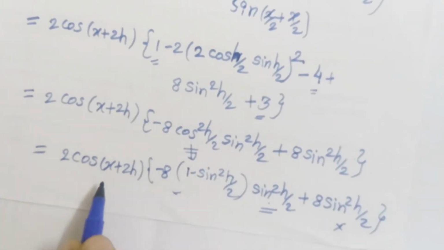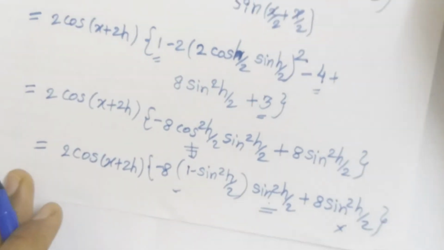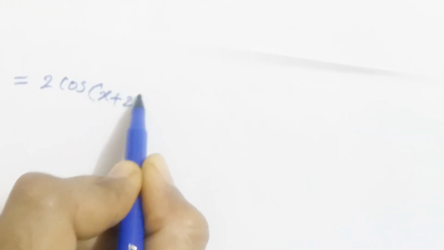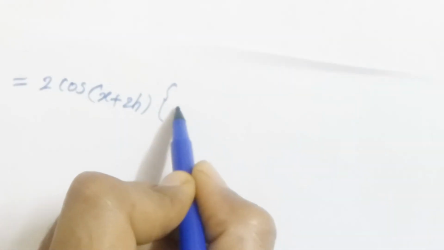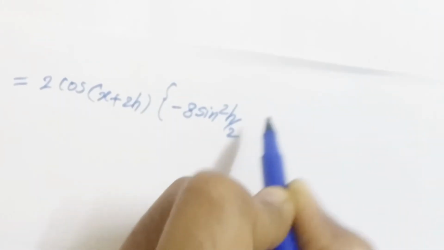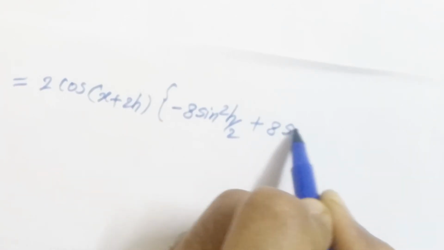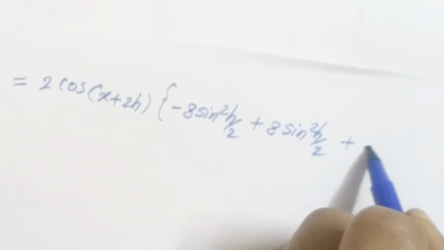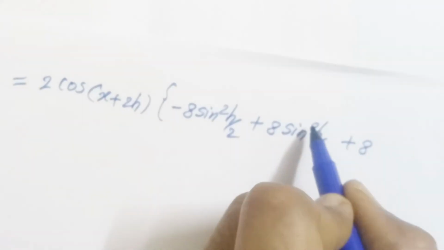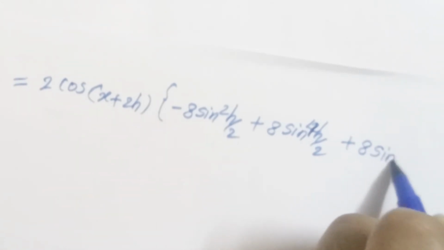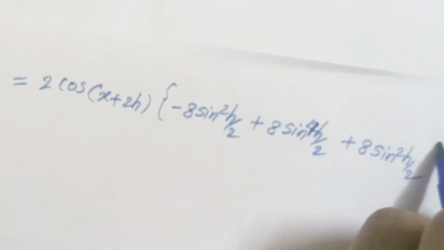That is, here if we multiply this term, then we get cos x plus 2h, and in the bracket minus 8 sin square h by 2, then plus 8 sin square h by 2 plus 8 sin raised to the power 4 h by 2 plus 8 sin square h by 2.